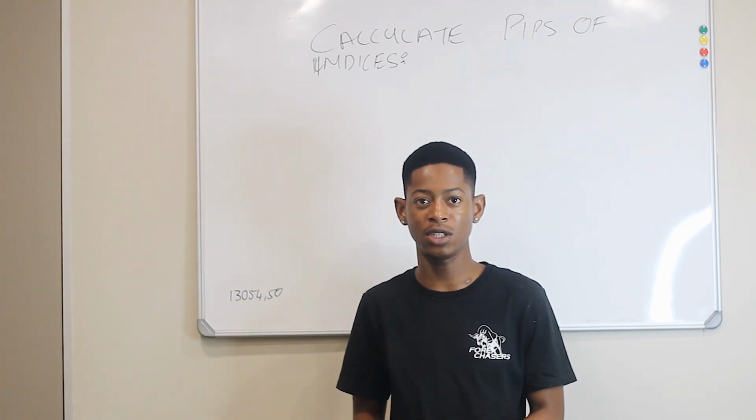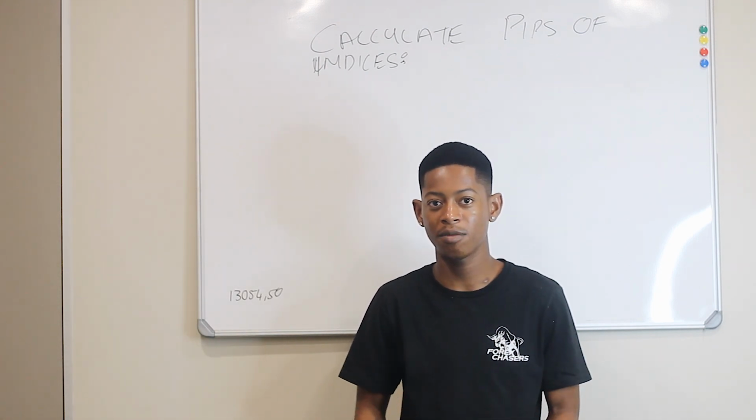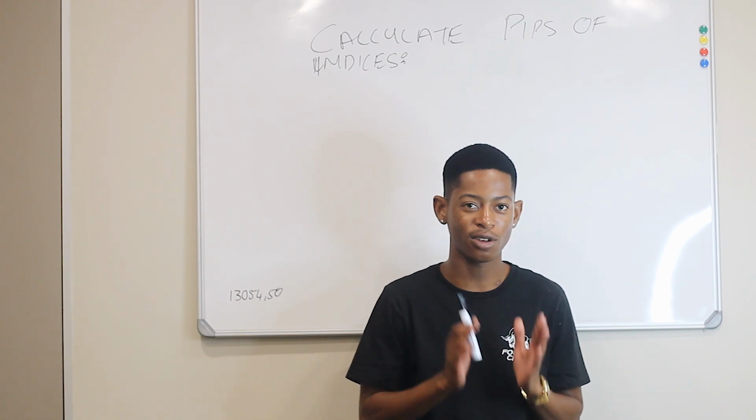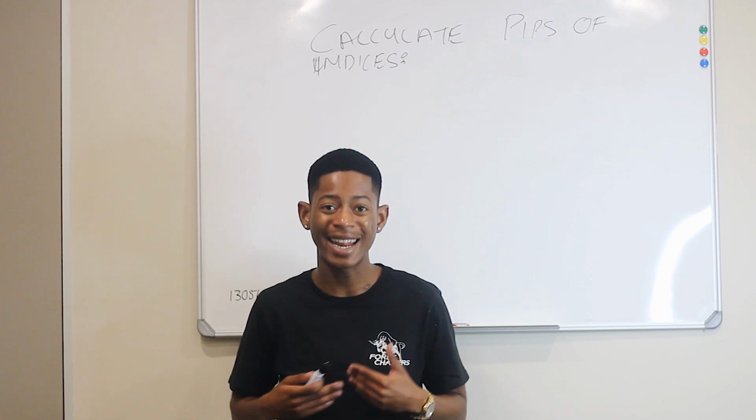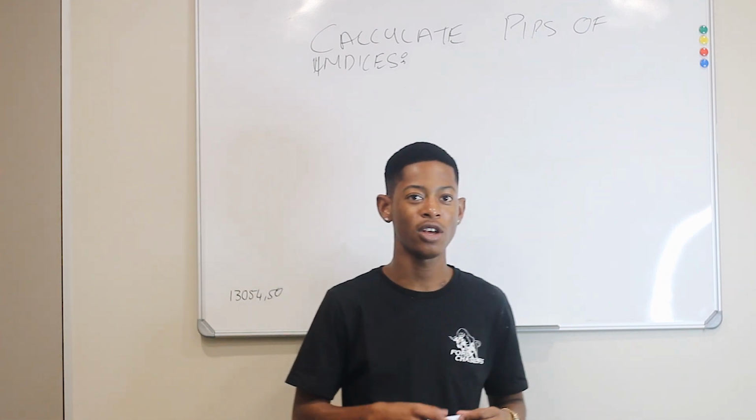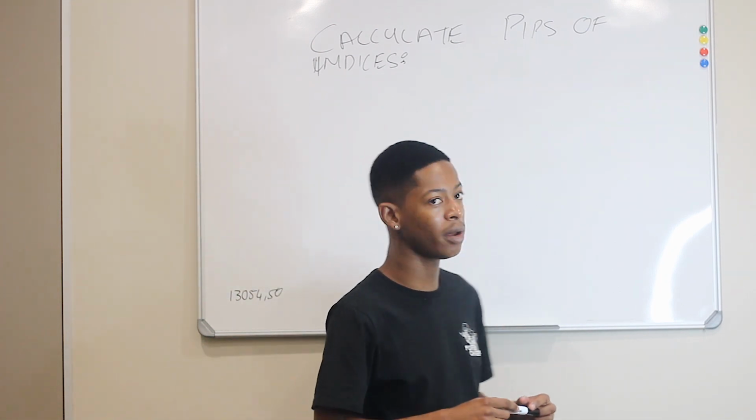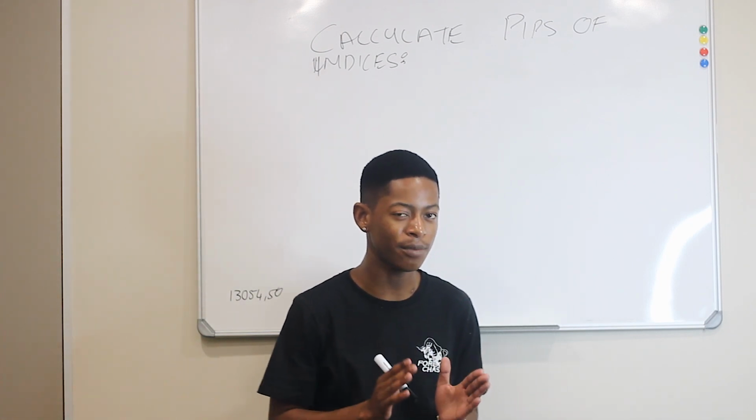So I was like, okay, you know what, let me solve the problem. I'm an entrepreneur by profession, so my purpose is actually to solve problems. When I see that there's a problem, I don't just run away from it. I actually come up, I learn, and then I come with a way to solve it. So we are going to be calculating pips of indices, and then I'll give you just simple steps.